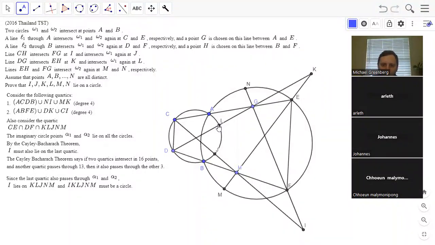Okay. So what kind of ratios can we use? Maybe Menelaus somehow.